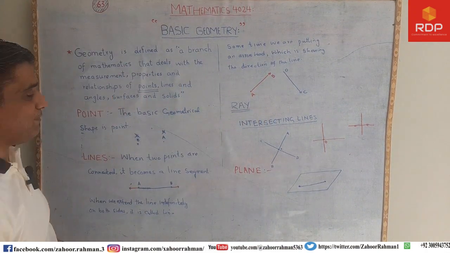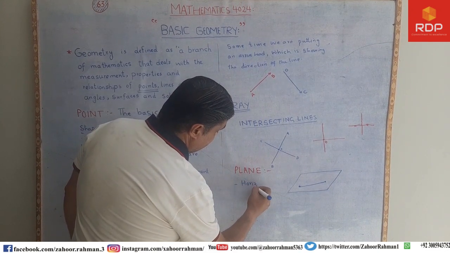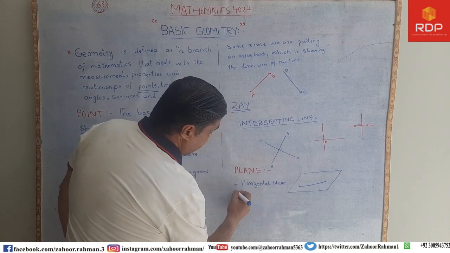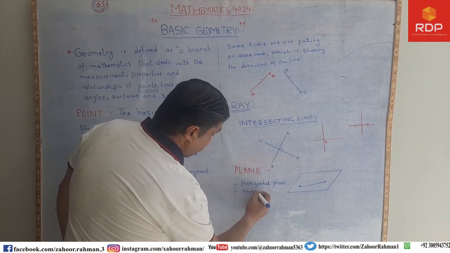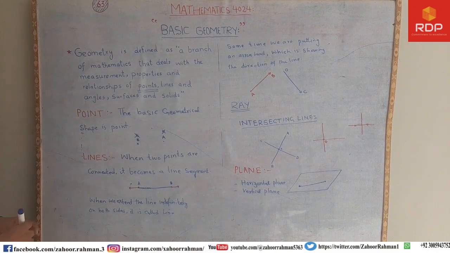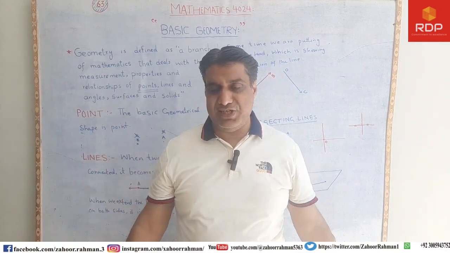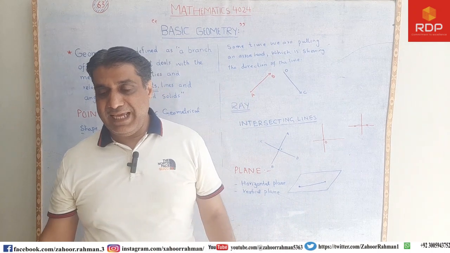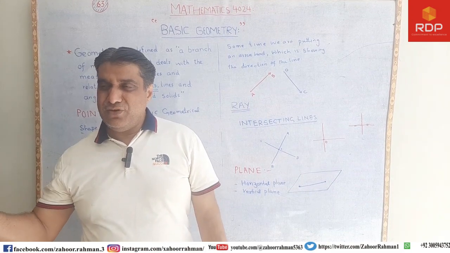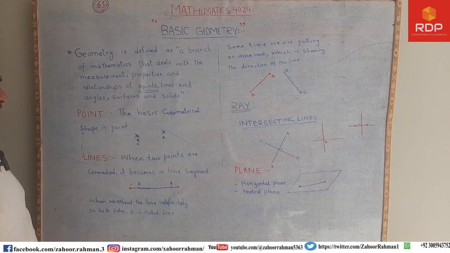There are two types of plane. One is called horizontal plane and the second one is called vertical plane. Now, the floor of your classroom is denoting a horizontal plane and the wall of your classroom is denoting a vertical plane.